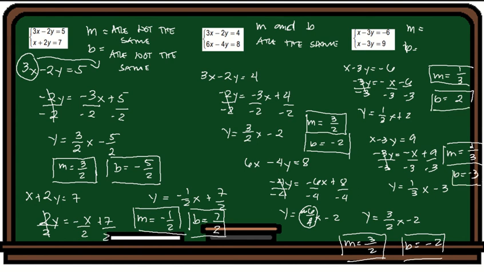So this means that the m are the same and b are not the same. This is what we call an inconsistent system. So this is how you identify the different systems.